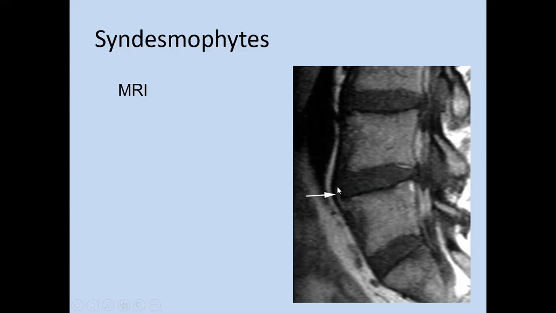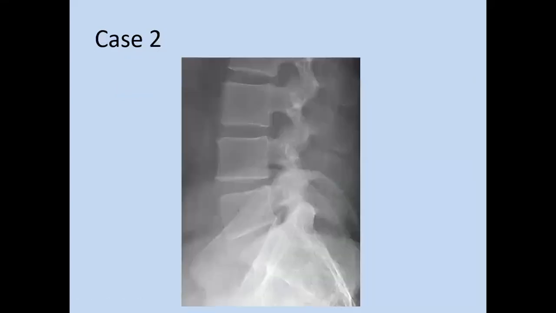They are vertical projections, and you can see how that refers to the annulus fibrosus, that outer layer or outer ring of the disc. So here is the syndesmophyte, the vertical projection. Sometimes they can be subtle on the MRI, but if you look carefully, you may be able to see them, and you can describe them and suggest that they correlate with patient symptomatology in terms of inflammatory back pain or HLA-B27.